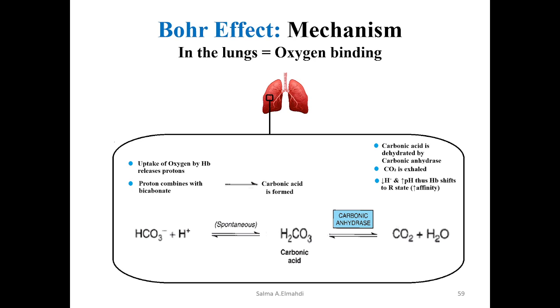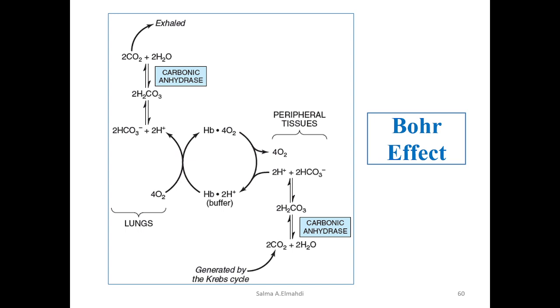This carbon dioxide will be expelled, and the low hydrogen concentration and the high pH will shift hemoglobin to the R state, which will increase its affinity, leading to uploading of oxygen into the hemoglobin. And this is the combined effect, or Bohr effect.